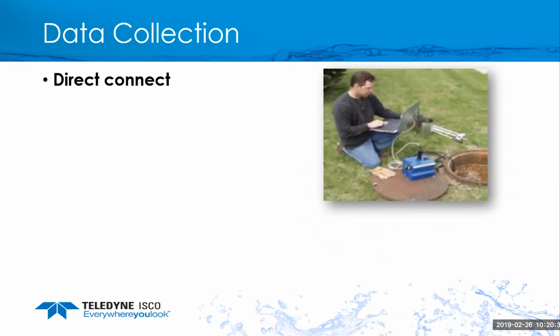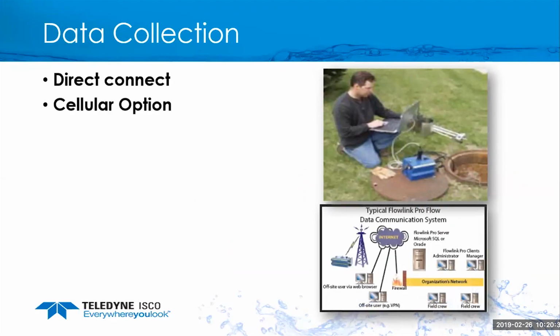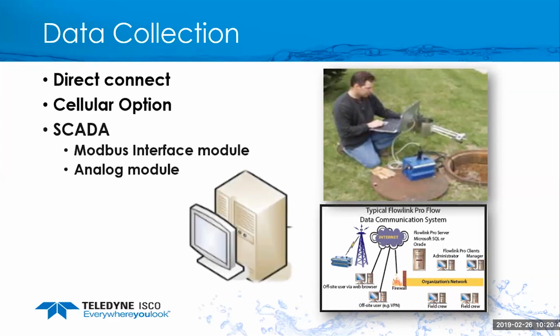But if it is an easy application to get to, by all means use direct connect. Your other option is to use the cellular option. That way you don't have to stop the traffic to go in there and download the data. With the cellular option, you can have the data automatically pushed to a server, or we can use the SCADA system and use a Modbus output or analog output, depending on your application, to then transmit your data back to your main office.